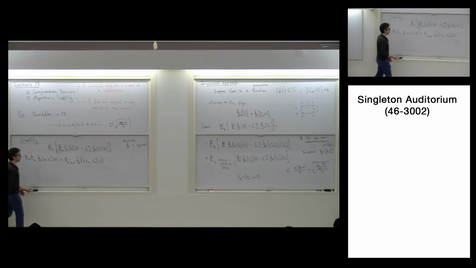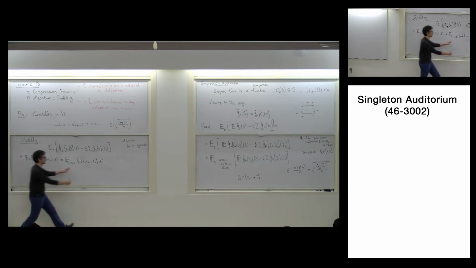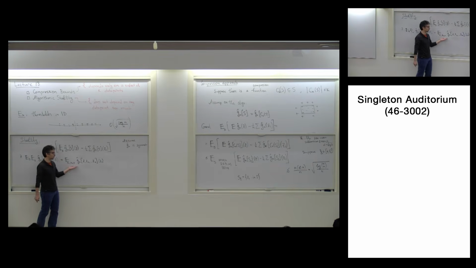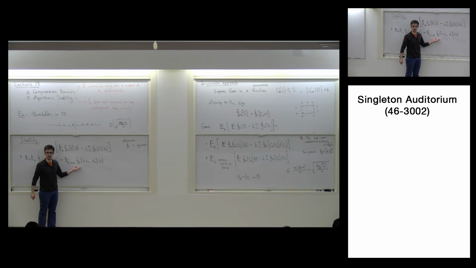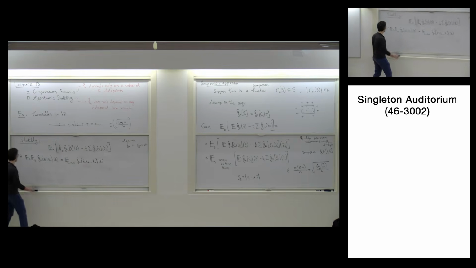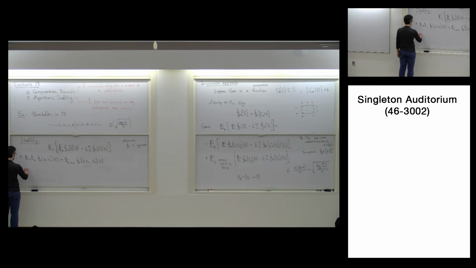I haven't changed anything, all I did is rename. The meaning is still the same. This is the expected out-of-sample performance, because the algorithm doesn't know about Z1. Now the other one is more interesting.